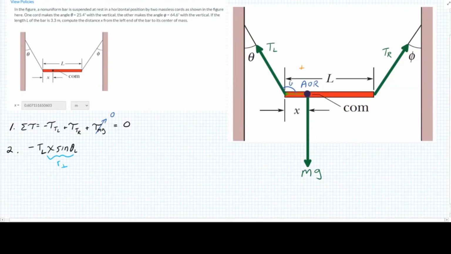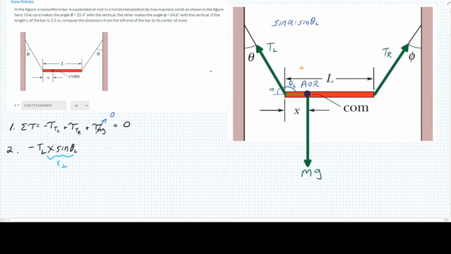This is theta L. If I was going to call this angle A, it would be the same, because as mentioned, sine of angle A is going to be the same as the sine of theta L.